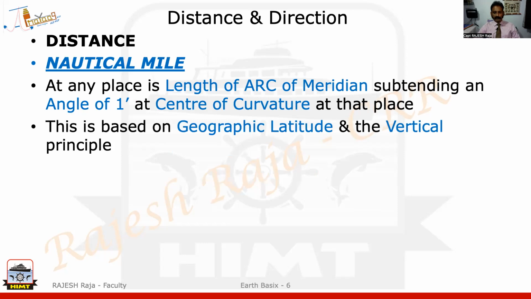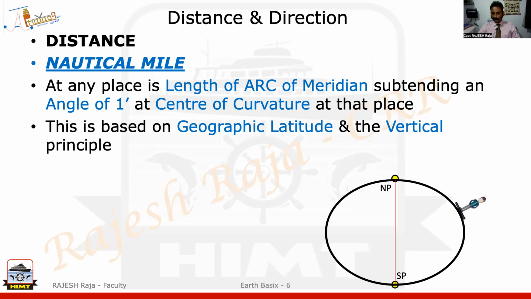So just to go back into the history, this is related to geographic latitude and the vertical principle. We have already seen the vertical principle. I'm going to redraw that. Let me just quickly show you this definition. I'm showing you a kind of spheroid, a man standing here. If I draw the vertical, this is the center of curvature for that particular place.